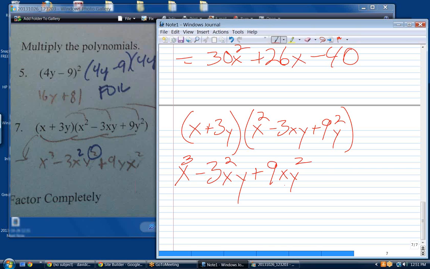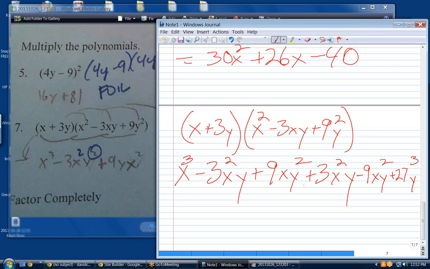I'm going to keep the x in front of the y just because it'll make it easier to combine like terms. And then next you have 3y x squared plus 3y 3x squared y. Again, I'm going to keep the x in front because it matches that term. And if I put the x after the y, I might miss that. Yeah. Okay? And next is negative 9xy squared. And then plus 27y cubed.